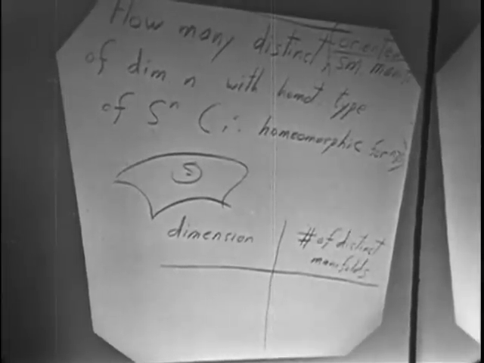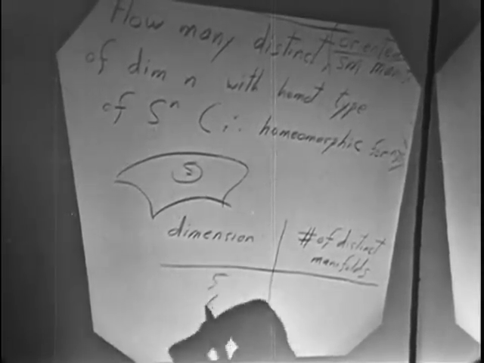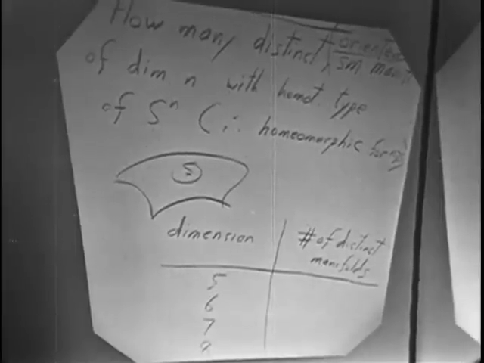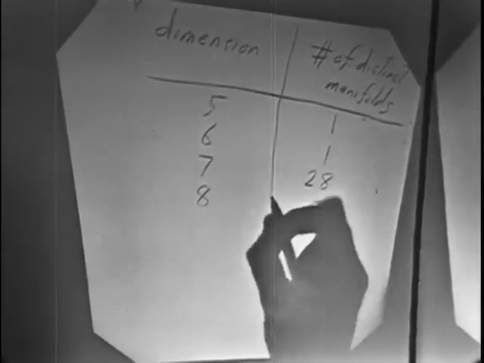I've said that the problem is unsolved in dimensions 3 and 4, so let's start with dimension 5. There's just one manifold in dimension 5. We have a uniqueness theorem. One in dimension 6. Dimension 7, it suddenly jumps up to 28, and jumps down again to 2.